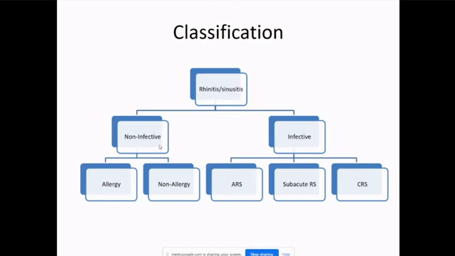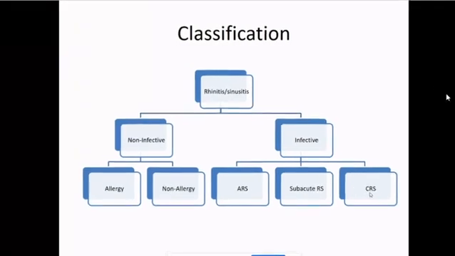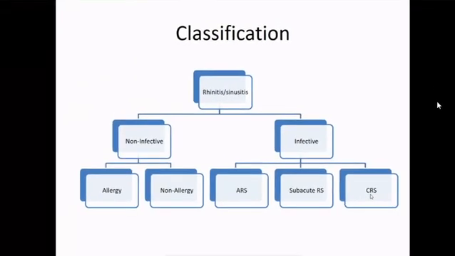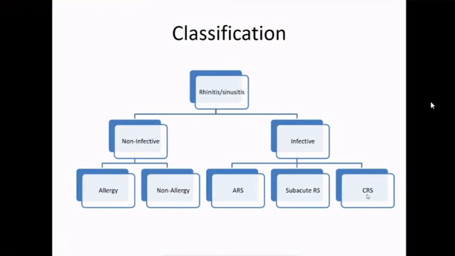So two big headings, and under infective there are acute rhinosinusitis, subacute, and chronic rhinosinusitis, which we can differentiate by the duration of the disease.